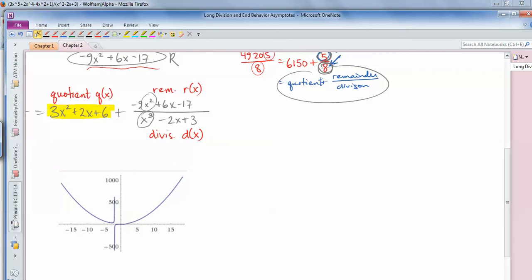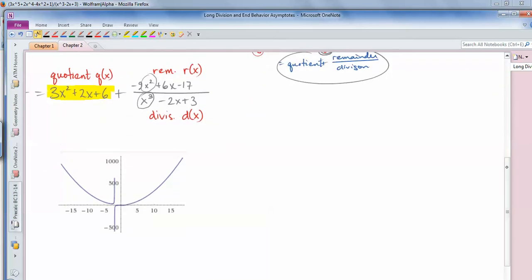And it looks an awful lot like the parabola, and it turns out it looks more and more like it as you zoom out. This parabola that it looks an awful lot like is the quotient. This is y equals 3x squared plus 2x plus 6.